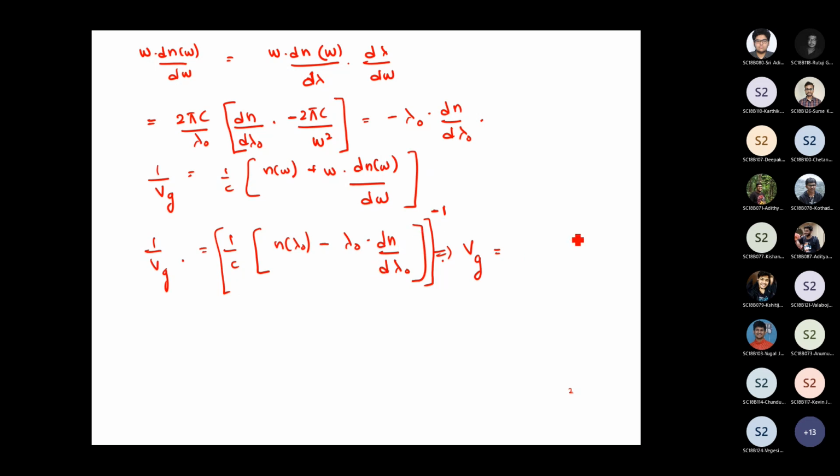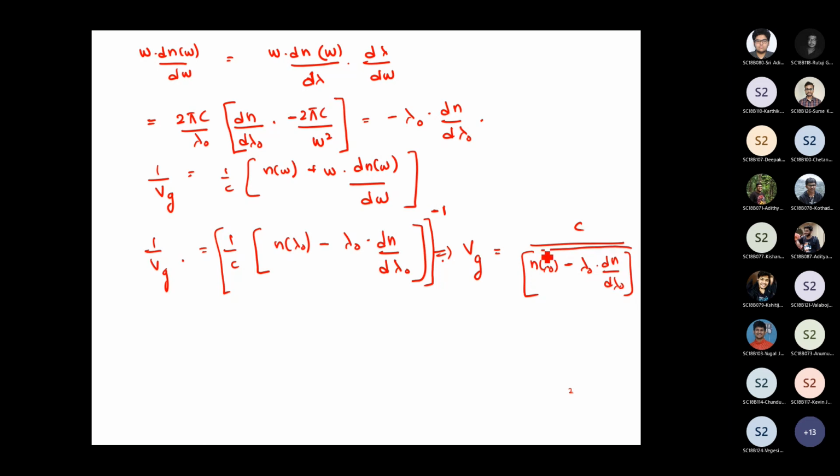So it's going to be c divided by n of lambda naught minus lambda naught into dn divided by d lambda naught.